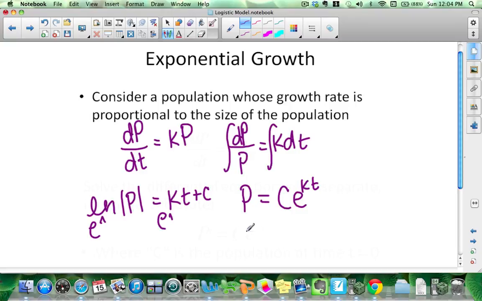P is the size of the population as a function of time, and it's equal to some constant, which is usually the initial condition, times e to the KT, where K is just that constant of proportionality.